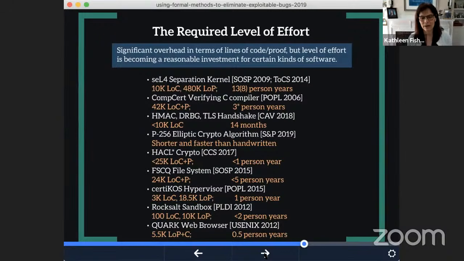I think a key question here is, what's the return on investment? How much does it cost to develop the system to the higher level of assurance versus how much can it save? One of the challenges in writing secure code in the past has been that the people who are responsible for developing the code are not typically the people who are responsible for paying for the effects of bad code.